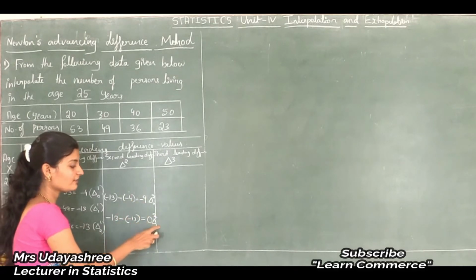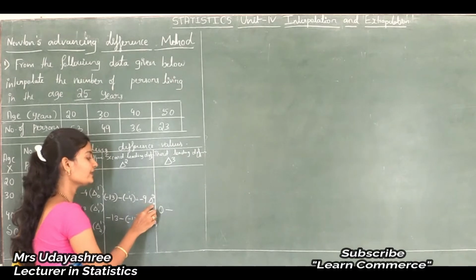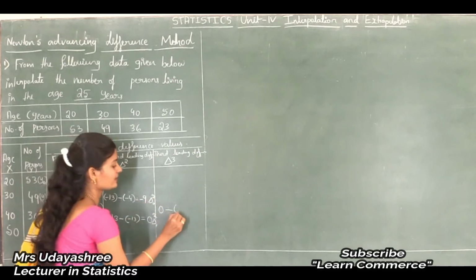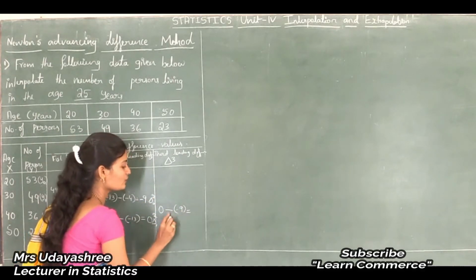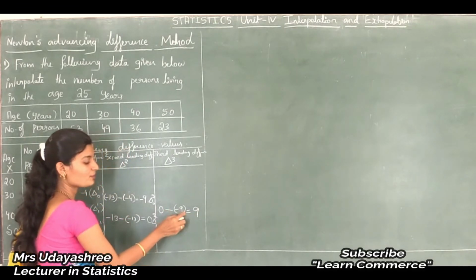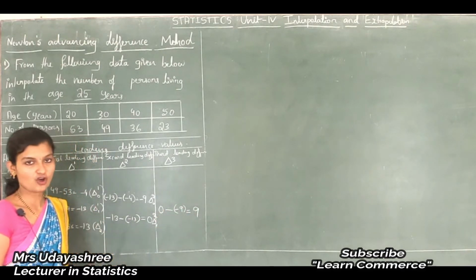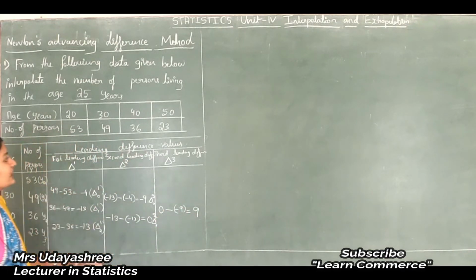Delta 1 2 is 0, minus delta naught 2, which is minus 9. Minus into minus is plus, so this is plus 9. Here we got a single value, therefore I will stop here. So this is all about the leading difference table.